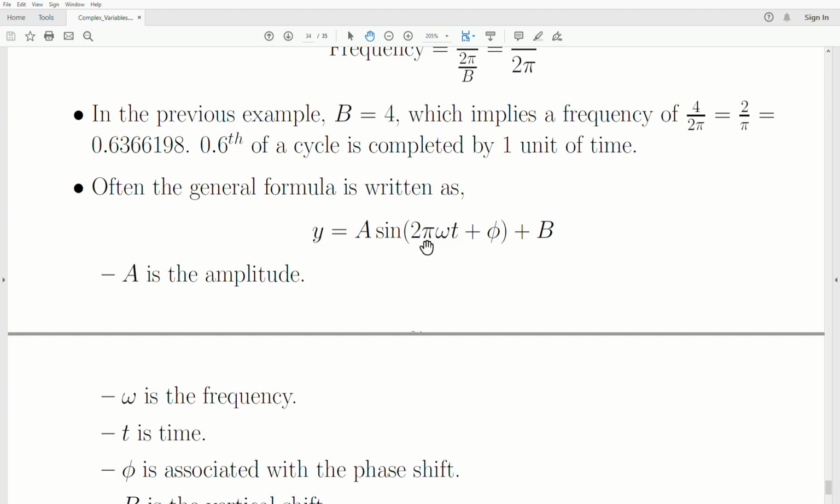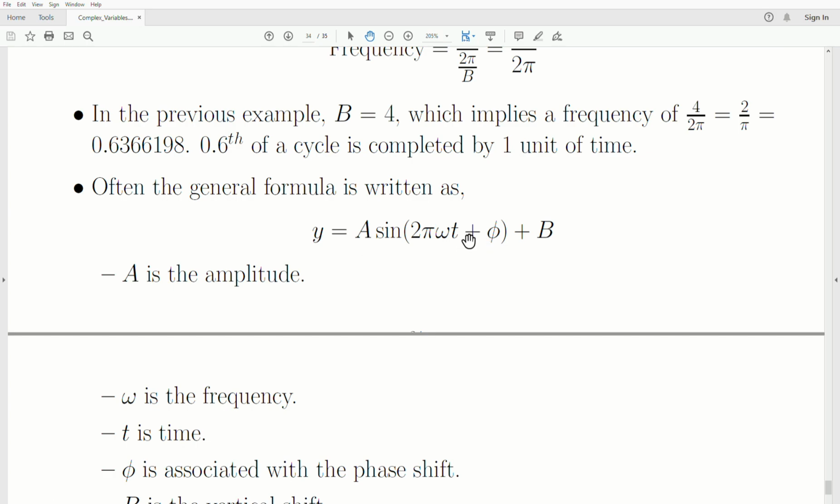And you can see the 2 pi omega is that coefficient in front of the variable. So if you take 2 pi divided by this, you get 1 over omega, which is the period, but its inverse, which is just omega, is the frequency. And so the frequency is built into that function.